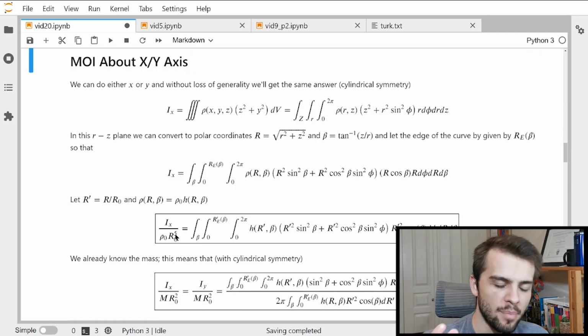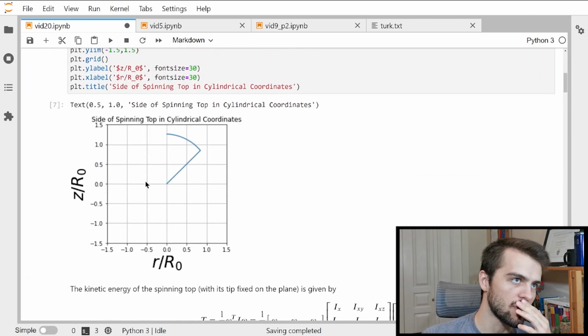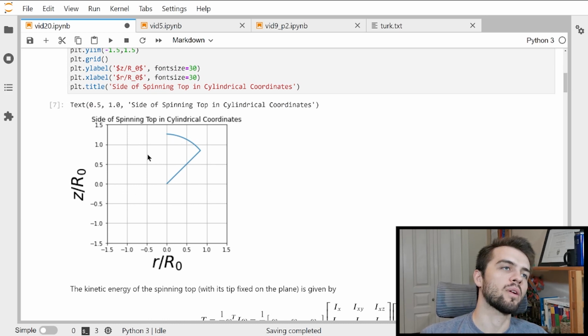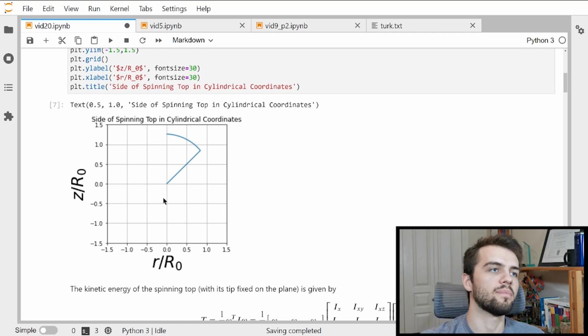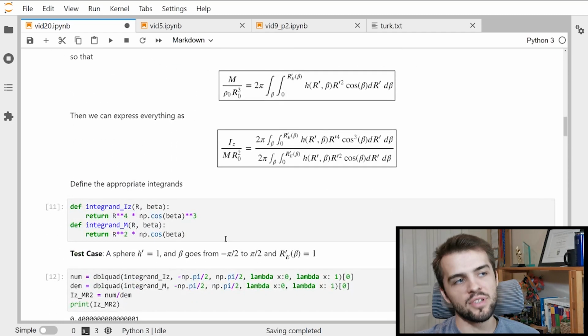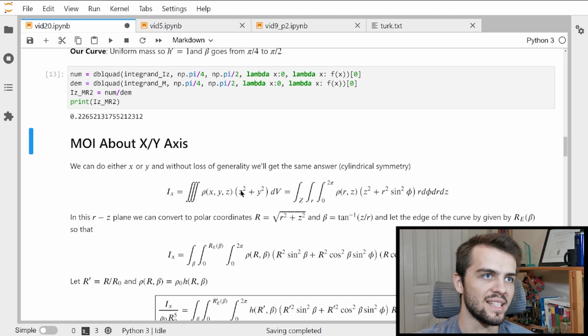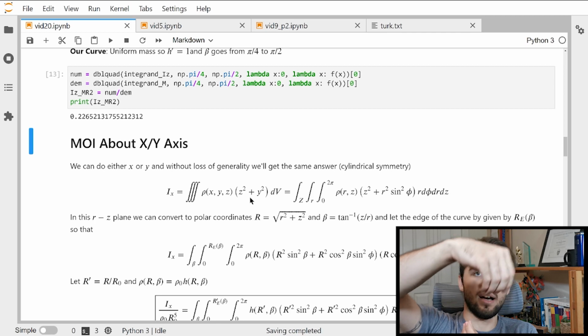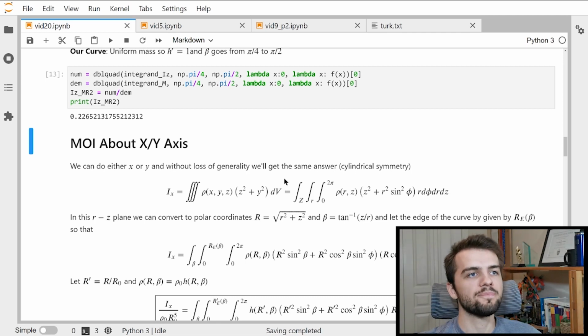Now, the moment of inertia about the x and y axes is a little bit more complicated because we don't possess the same symmetry. For the x-axis, you could think of the top almost tilting towards the x and y axes, and we don't have the same symmetries here as above. So Ix is the distance to the x-axis, z squared plus y squared. That's the distance from the big x-axis in the plane.